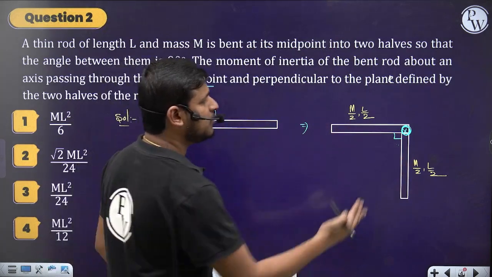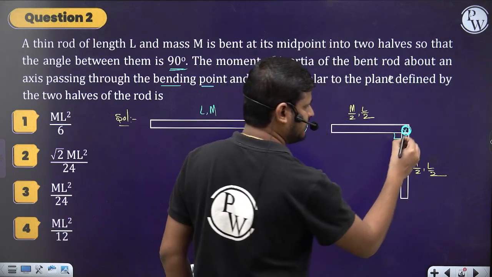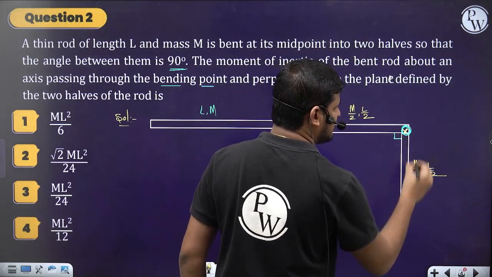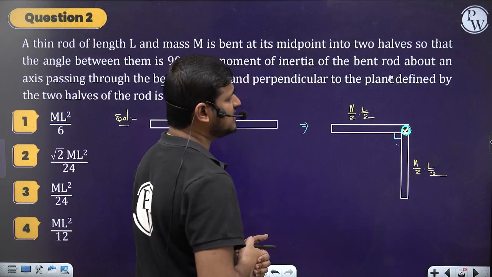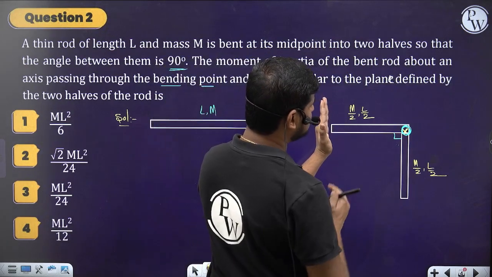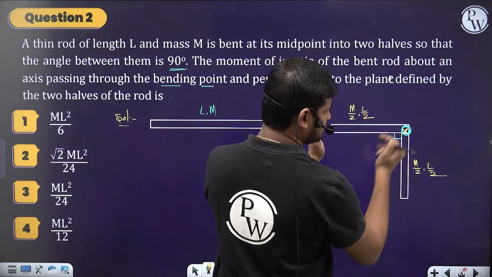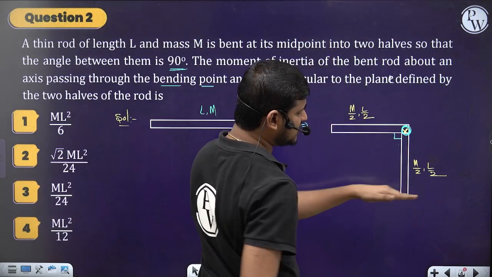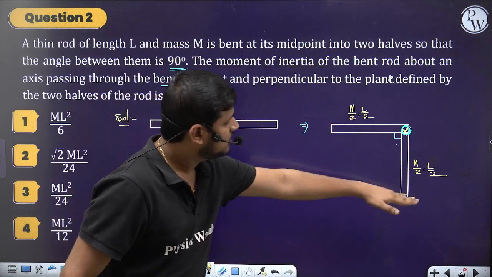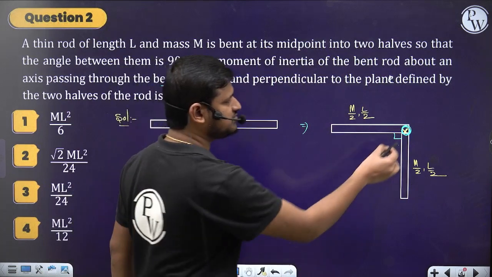Now about this axis I need the moment of inertia. So shall I find the moment of inertia for this rod here, and then for this rod also here? About this point we required.